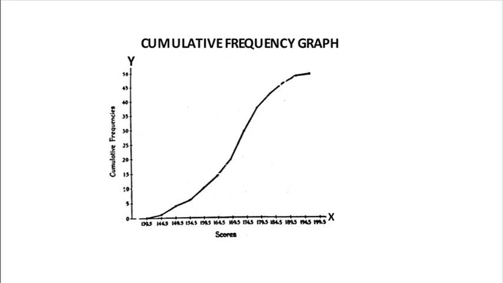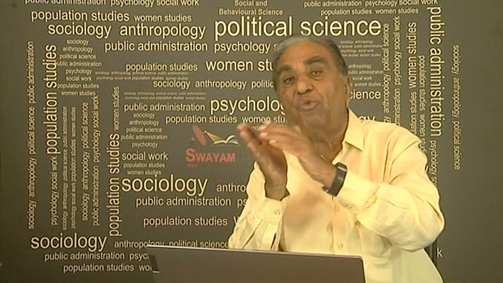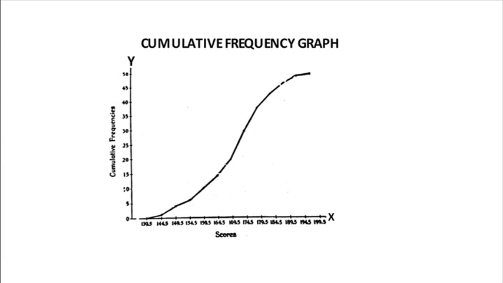Just a few minutes ago, in the frequency polygon, I told you that a frequency polygon is always drawn on the mid value of the class interval. If the class interval is 140 to 144, the mid value will be 142. So, I will not make the graph on 140 or 144, I will lift from 142.